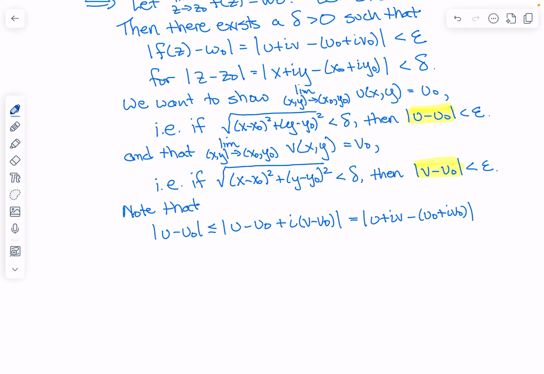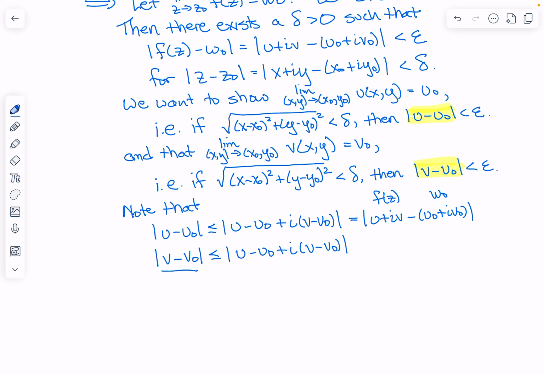In other words, that's the distance between f of z and w0. In the same way, we can look at v minus v0 and look at that distance as a real number. Okay, and that's going to be less than or equal to the modulus of u minus u0 plus i v minus v0.